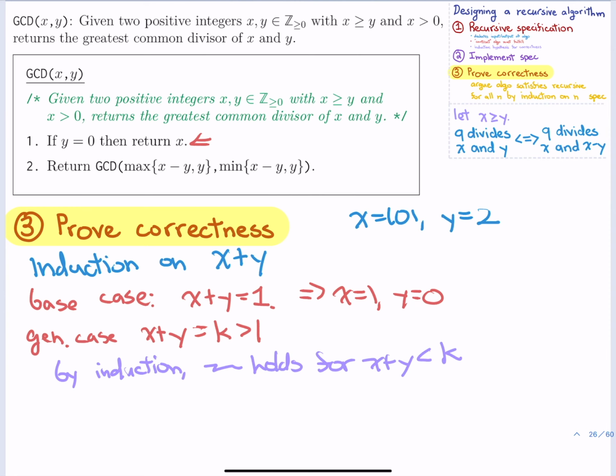So if we go to here, then we're going to subtract y, right? So you're claiming that this implies that the GCD of the max and the min works, because x plus y would have gone down. I'll suggest there's just one exception to this.